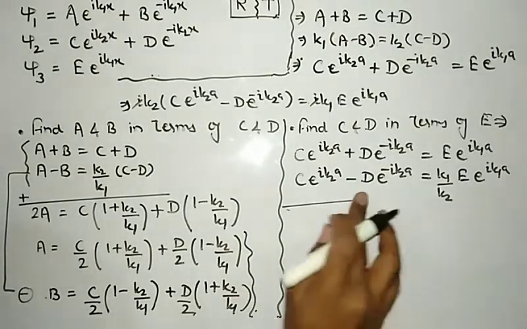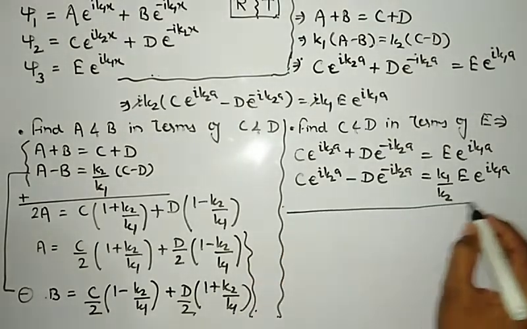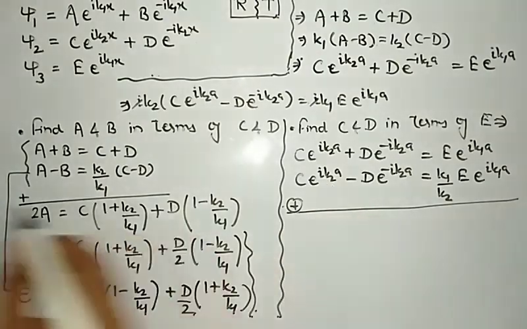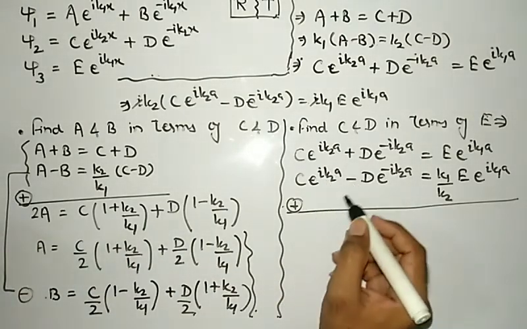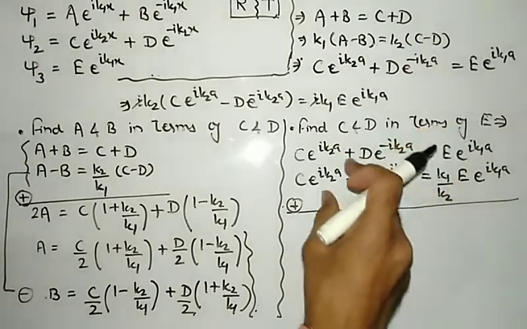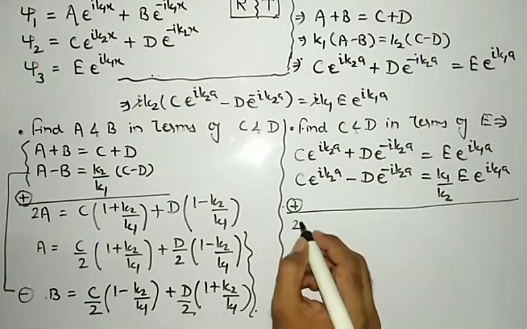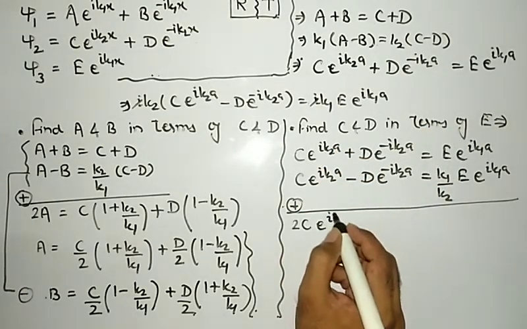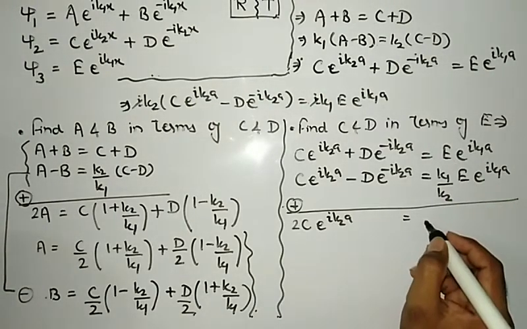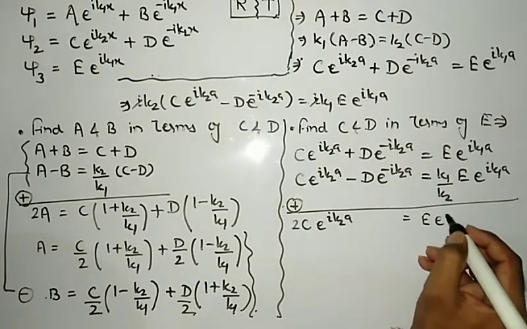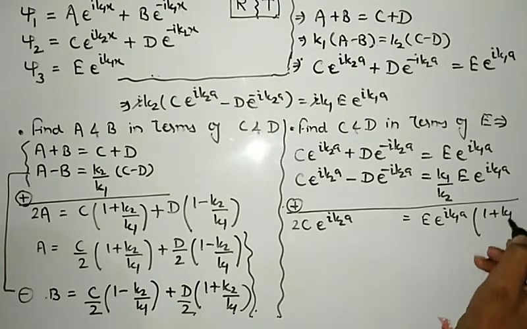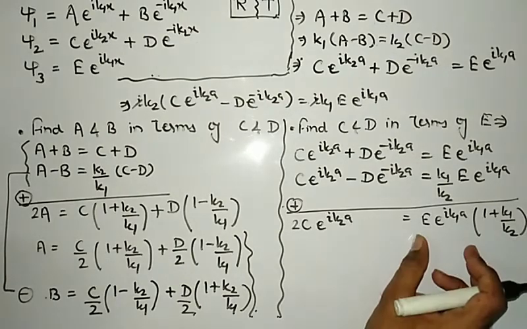So we will first add it and we will subtract also. So first add it. After adding, what we get? This term will be cancelled out. So we get 2c e to the power i k2a is equal to e to the power i k1a, 1 plus k1 upon k2.